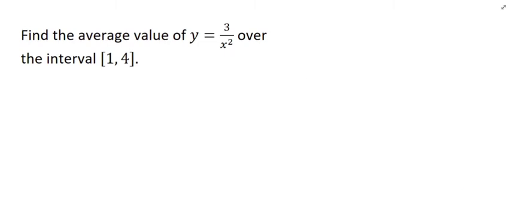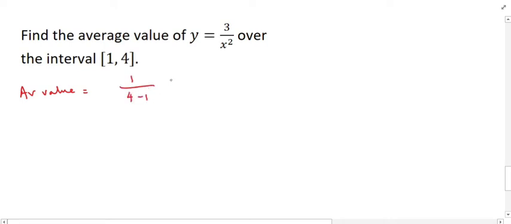Okay, so the average value will be 1 over 4 minus 1. So I've gone with 4 and 1 again. I'm going to rewrite this before I integrate it. Okay, and now let's integrate. Increase the power by 1 and divide by the new power.